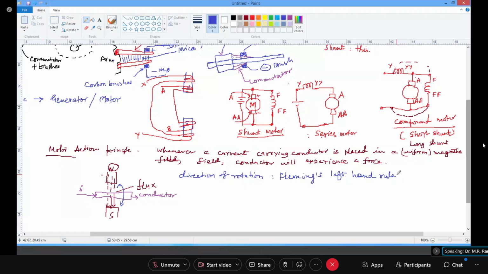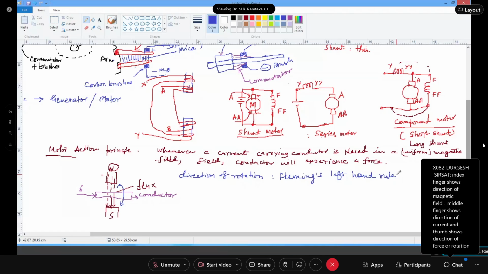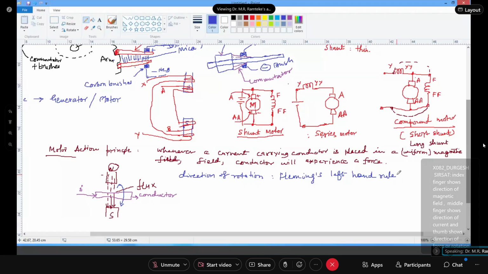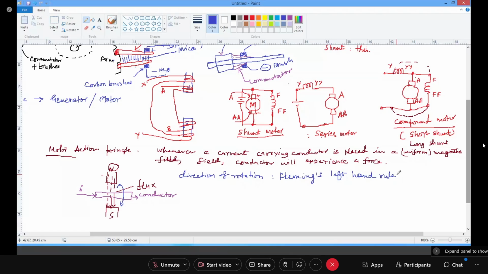I want to know in which direction your shaft or motor will run, and that is determined by Fleming's left hand rule. So what does that rule say? The force is perpendicular to the field and to the direction of current.